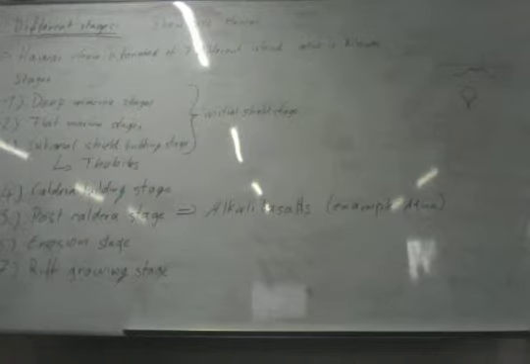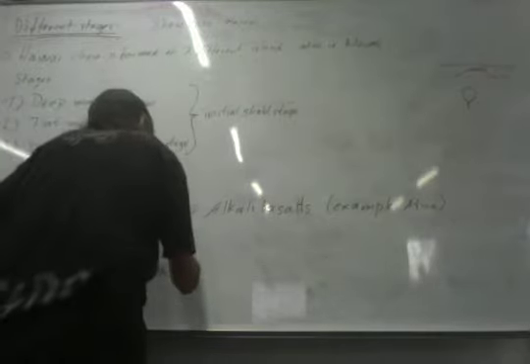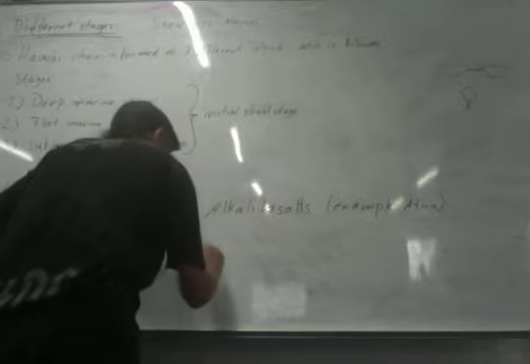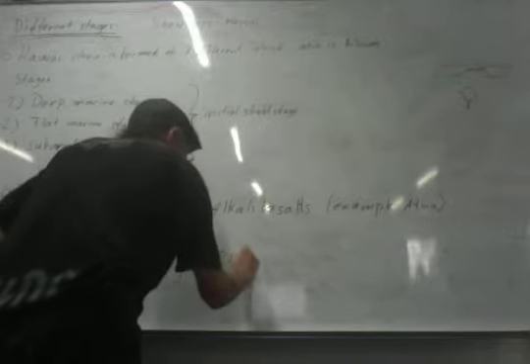Then number 8, in the Hawaiian example, is a full erosion stage that lasts between 1 and 2 Ma, just in the case of Hawaii.